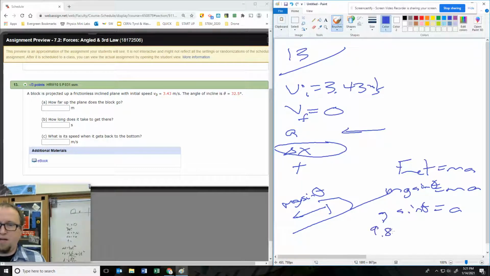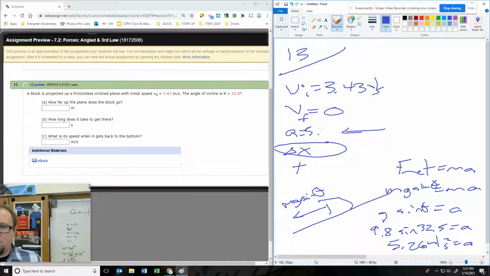So 9.8 times sine of 32.5, that's a really nice angle. I get an acceleration of 5.26. Well, look, now I can go old school.